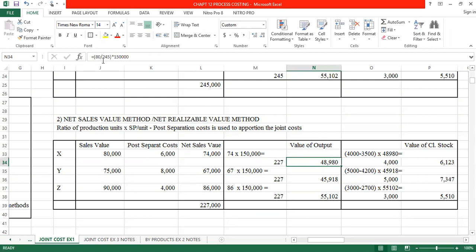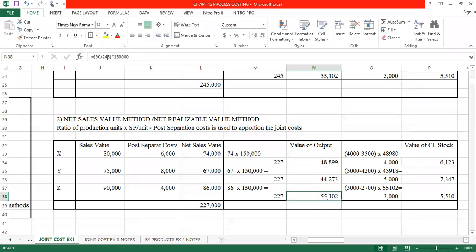So this is 74 over 227. Over 227, you get your answer 48. This one is 67 over 227. 67 over 227, you get your answer.